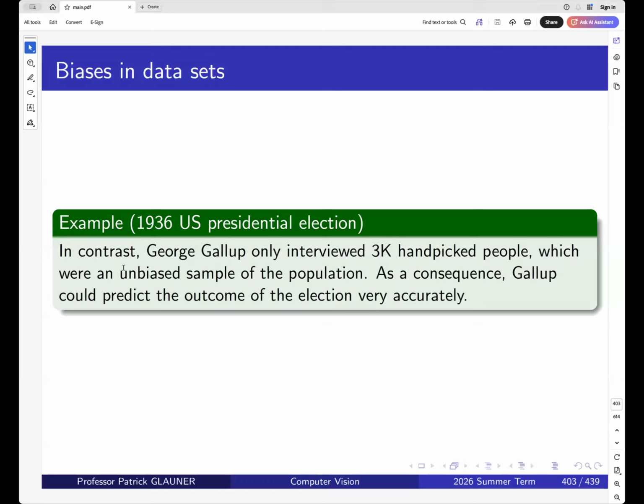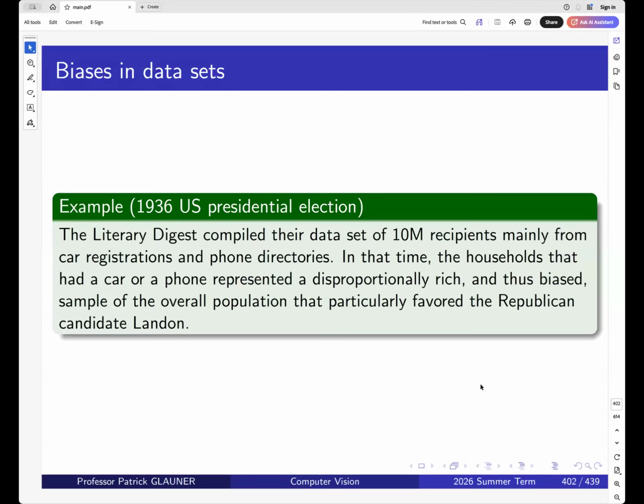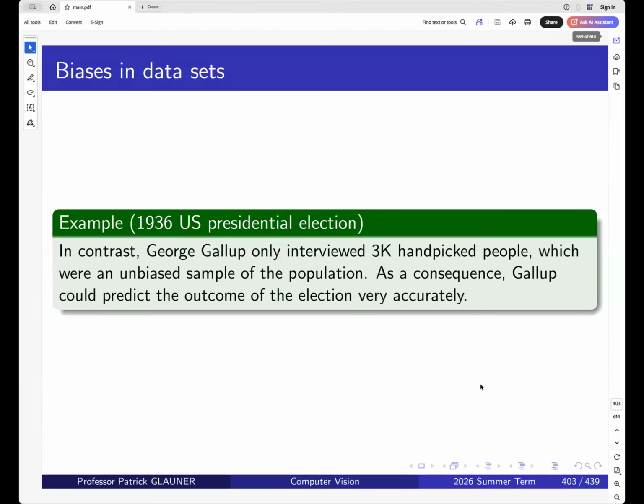Probably you're never 100% unbiased, but a very low bias sample. He handpicked 3,000 people, interviewed them, and Gallup actually could predict the outcome of the election very well. So 3,000 responses worked far better than these 10 million questionnaires and 2.3 million returns.